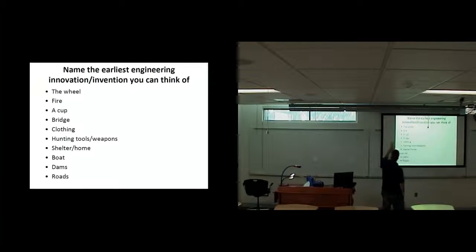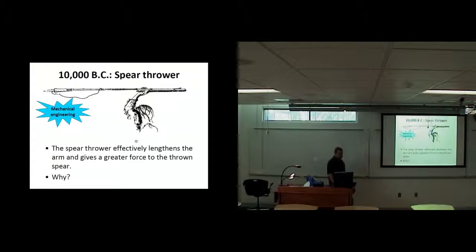But then further along we had the wheel and fire. Shelter and homes were right about that time as well. Clothing came up pretty early as our bodies started not being so furry, maybe, and we needed to be warmer. And then we started to get further and further up the hill, I guess you could think of it as, more and more advanced, right?